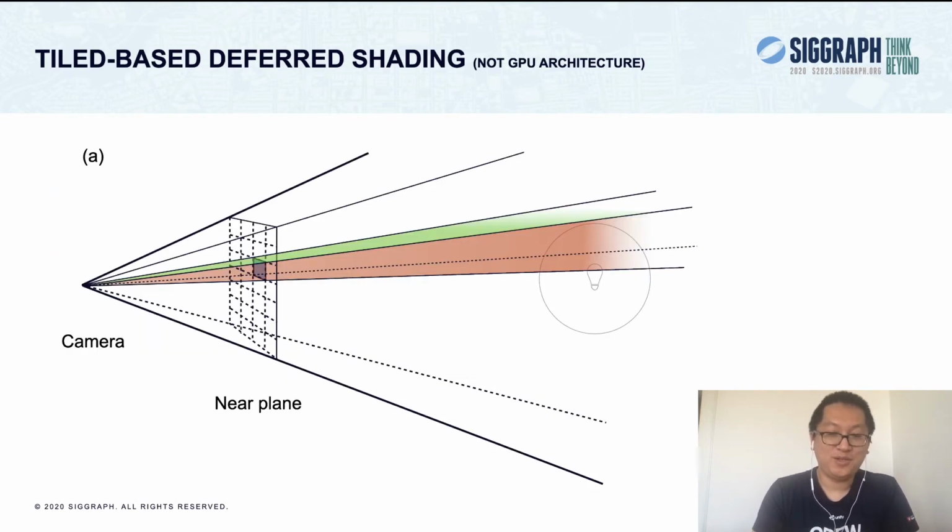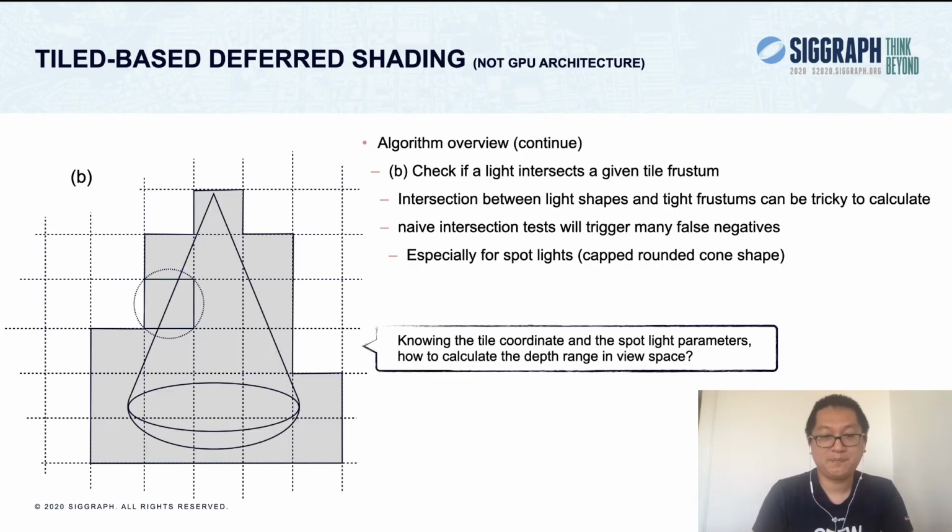So here's an illustration. We have the camera frustum, we have on the near plane the screen space tiles, and so conceptually we extrude that tile into 3D space so that it's like a very tight view frustum, and then we have to check if it intersects a light or not.